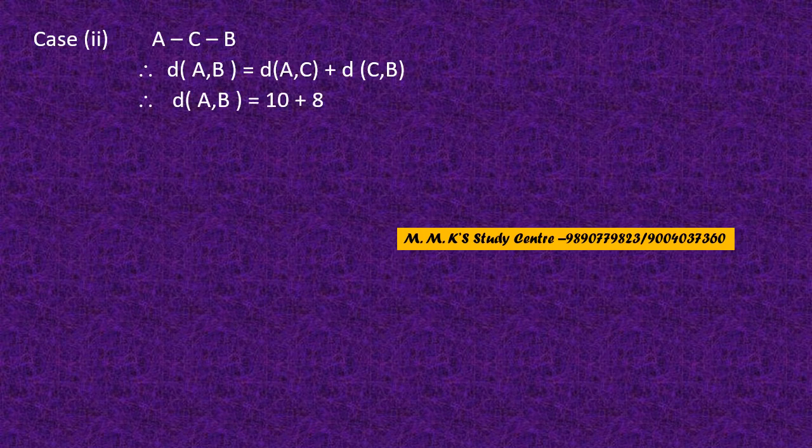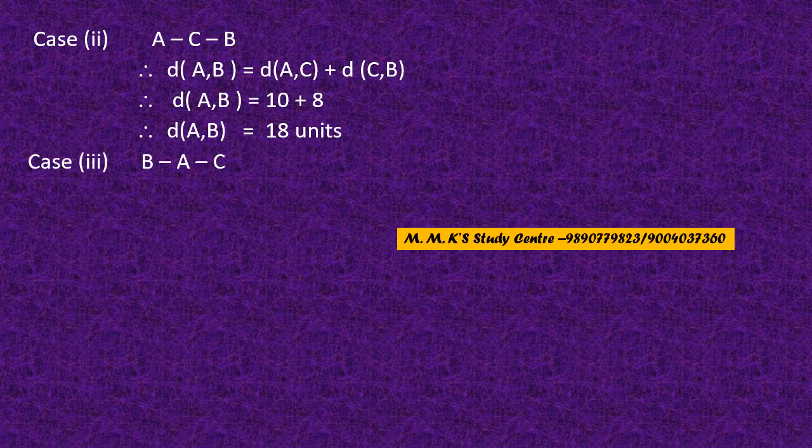Here distance AB is not given, so that will remain as it is, whereas AC is 10 and CB is 8. So 10 plus 8, that we will get 18. So here we got distance AB is equal to 18.